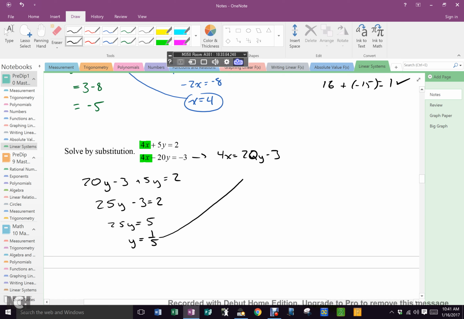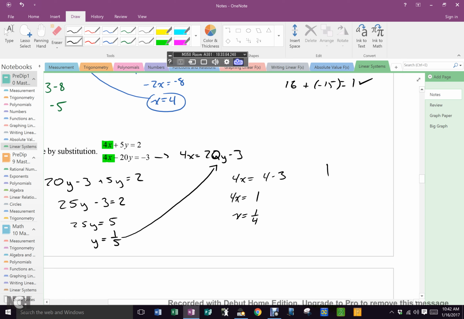Now, can't I put that right there? So 4x equals 20 times y. That's 4 minus 3, yes? So 4x equals 1. What does x equal? 1/4. So my answer there is 1/4, 1/5.